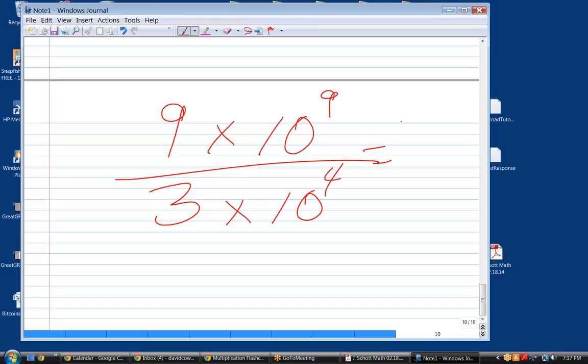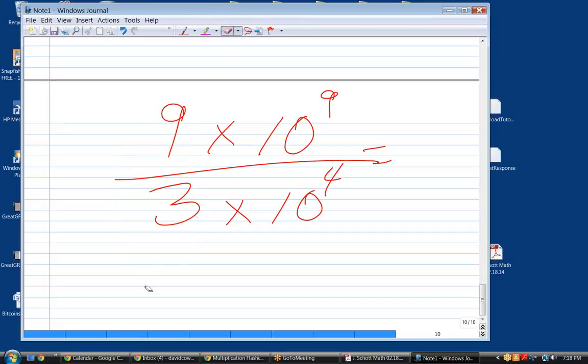Do it in two steps. Do that part. What's going on there? 9 minus 3? Is it minus? 9 divided by 3? Yeah.